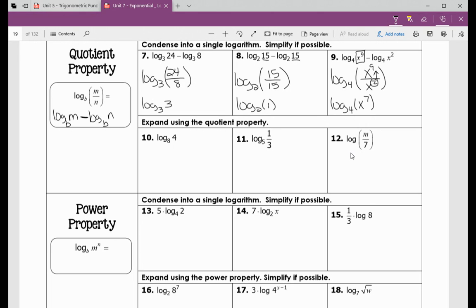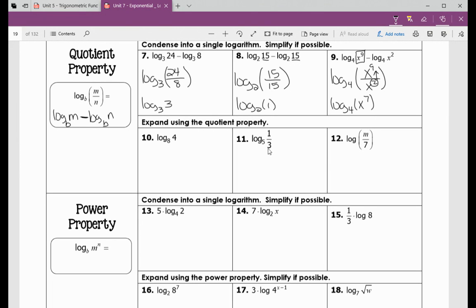Now, if y'all have any questions, y'all stop me along the way. So now I'm going to go in the opposite direction. I have a number, and I'm going to split that up. Okay, I'm actually going to do 11 and 12, and then I'll come back and get number 10.